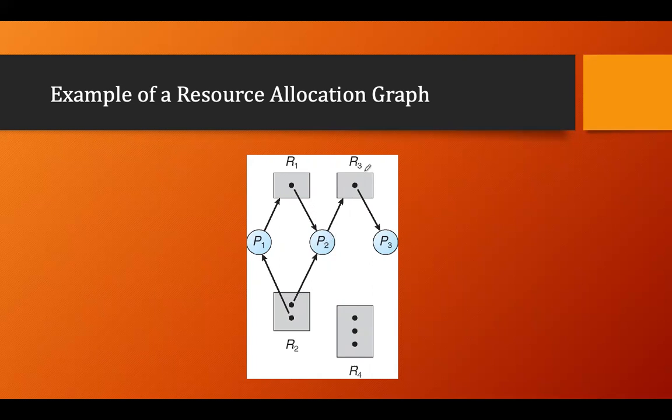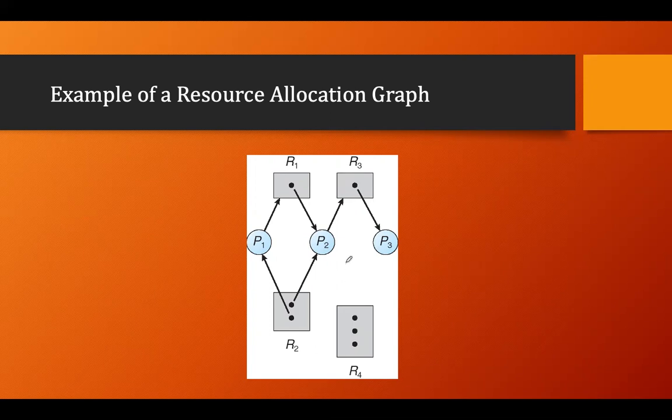P2 is requesting an instance of R3. R3 has only one instance, but R3 has already been allocated to P3. And there is R4 which has 3 instances and all are free, never requested nor allocated. This is a simple resource allocation graph that will be useful for our detection and prevention process.